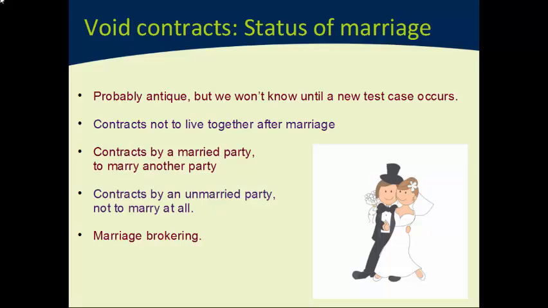Finally, and perhaps most curiously of all, marriage brokering. A contract with a marriage broker is void. So someone who arranges marriages has to do this without the protection of contract law.